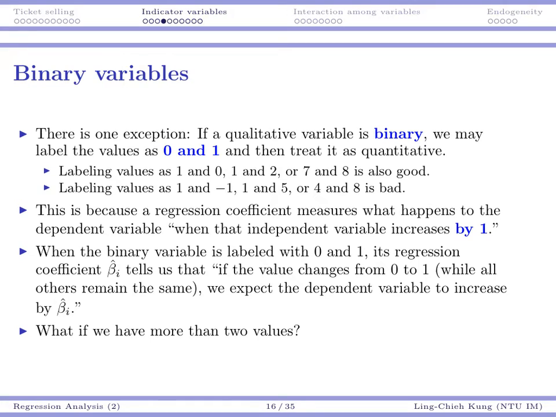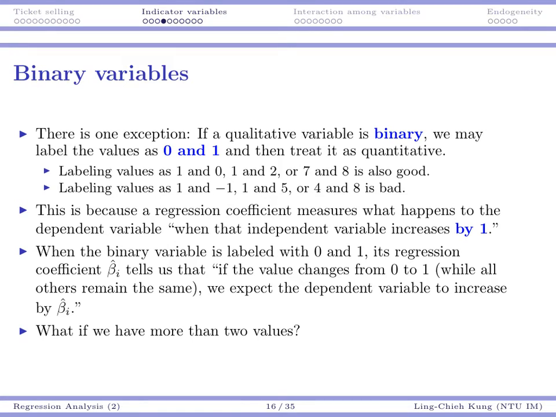Actually, if we label them as 1 and 0, 1 and 2, or 7 and 8, then when we treat it as quantitative and put it into a regression model, we'll be fine. As long as we label them as numbers whose difference is 1. Otherwise, it's bad. Okay, why is that? As long as we label the two possible values as numbers whose difference is 1, then the regression coefficient can tell us the impact when the value goes from one to the other.